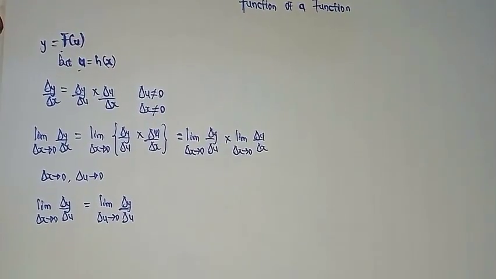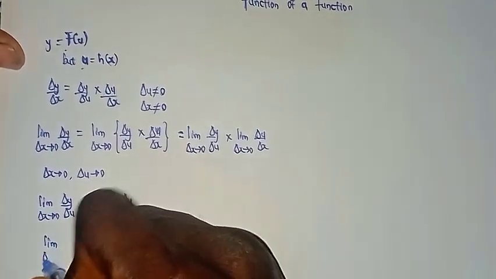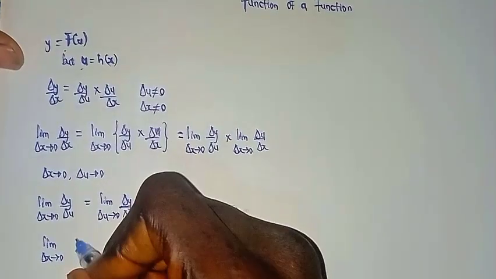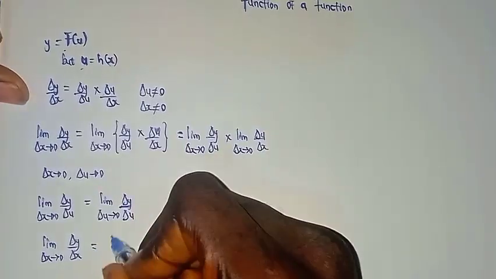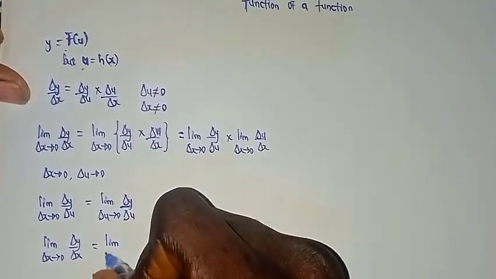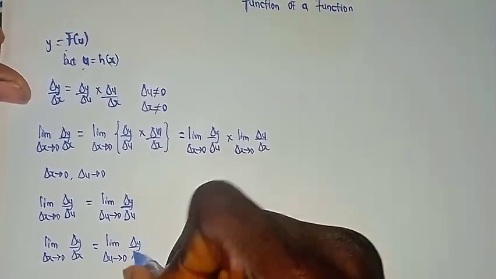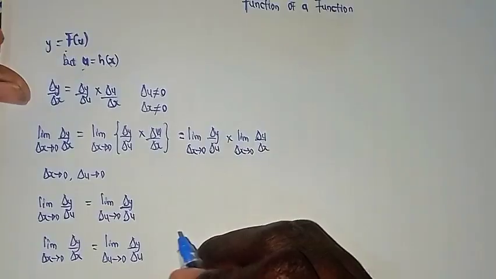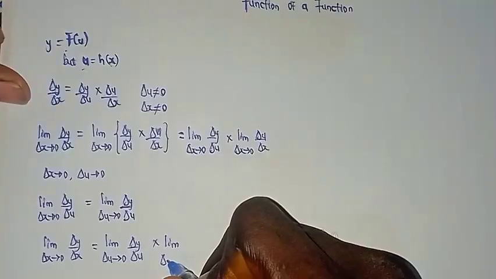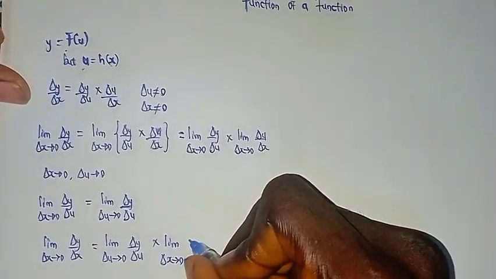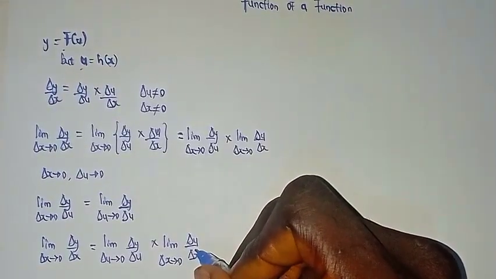So simplifying further, we have that limit as delta x approaches 0 of delta y over delta x becomes limit as delta u approaches 0 of delta y over delta u for this, multiplied by limit as delta x approaches 0 of delta u over delta x, right?